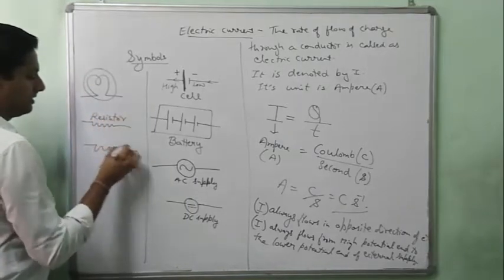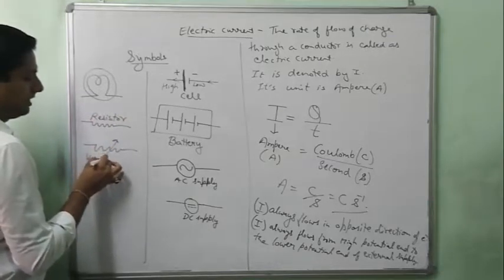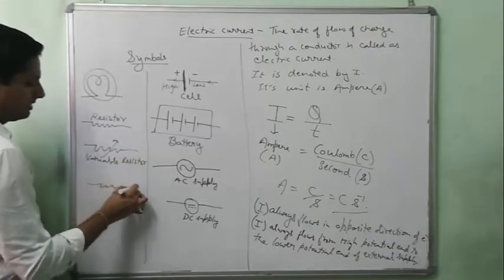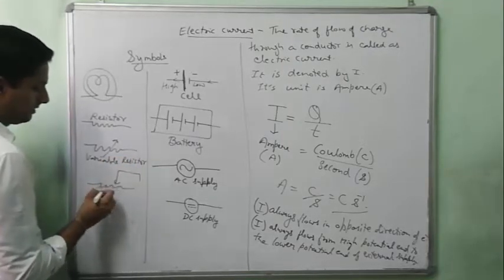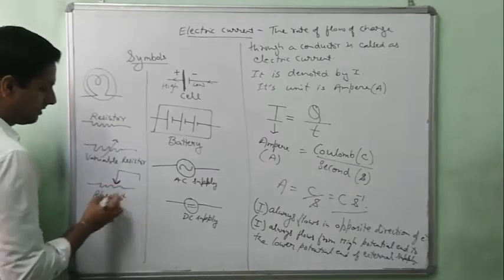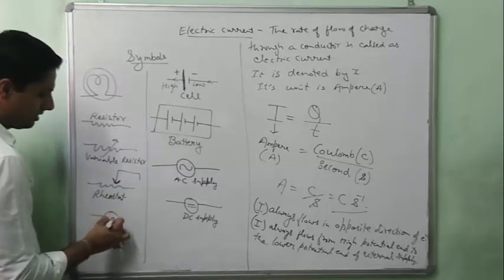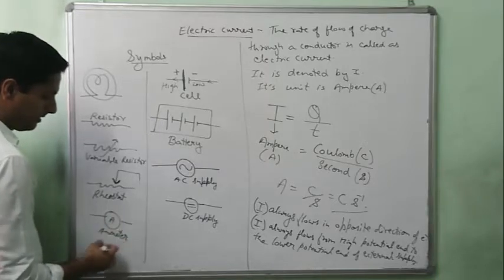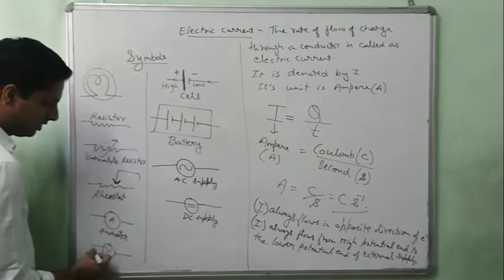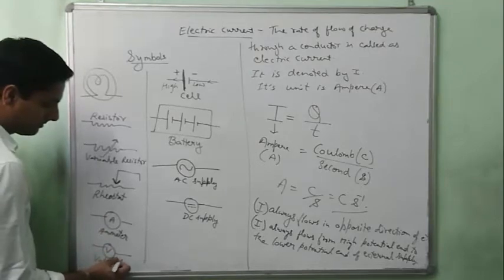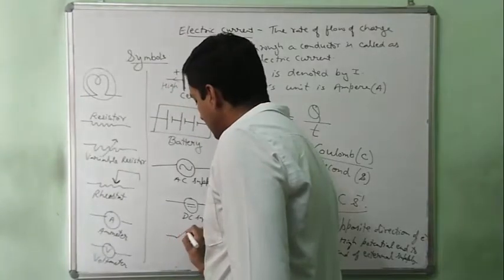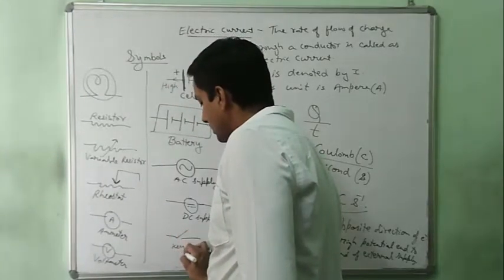This is the symbol of a variable resistor. This will be the symbol of a rheostat. This is the symbol of an ammeter. This is the symbol of a voltmeter. This is a symbol of a switch or a key.